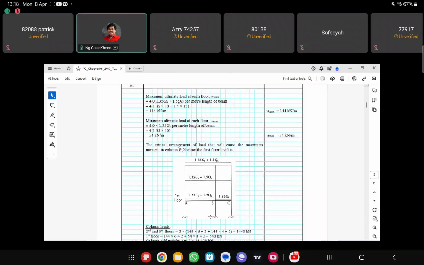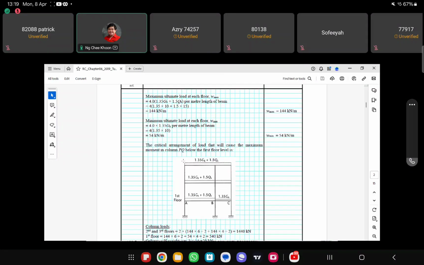In order to get the maximum axial load on this column, we put maximum load on the first floor and on the roof floor also, because we are not calculating the moment in these two columns. We want the maximum moment in this column, and then we want the maximum axial load transferred to this column.